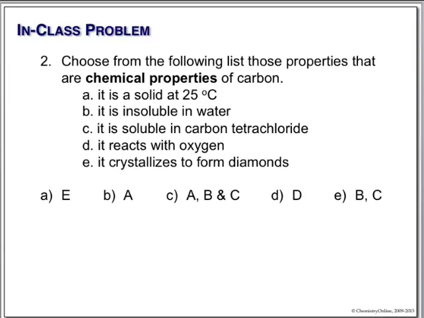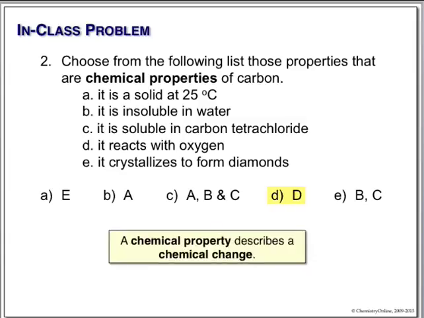Well, that's interesting, but it's still carbon. It's just dissolved in something. Reacts with oxygen. Well, that's a reaction. And crystallizes to form diamonds. Diamonds are nothing but pure carbon. Still carbon. Only D describes a chemical reaction.